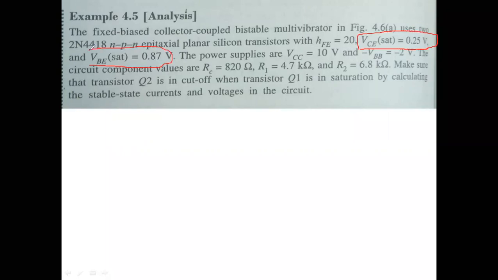They have given those two voltages. Previously we made it 0. That is the difference. You have to consider these two values, VCE and VBE. The remaining aspects will be the same. They have given R1, R2 and RC values.